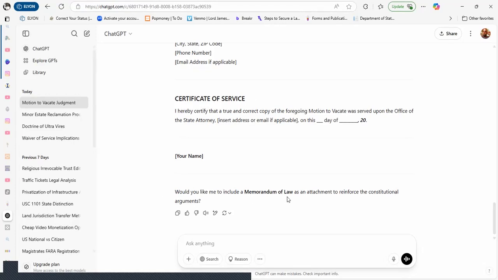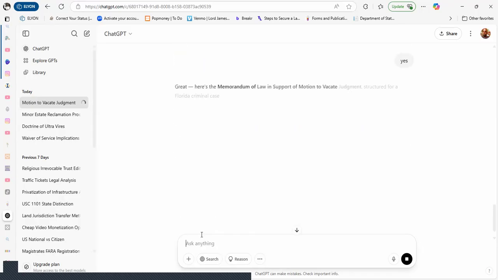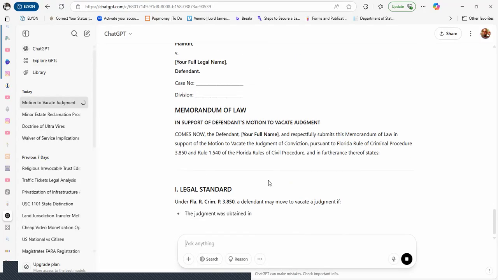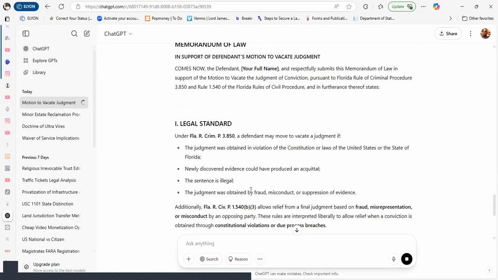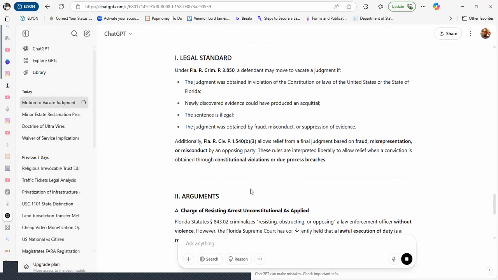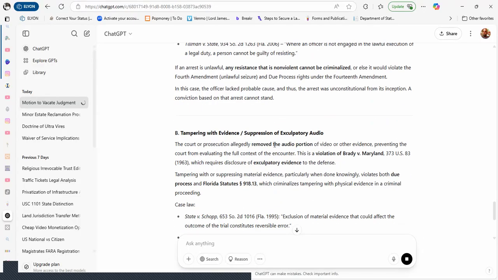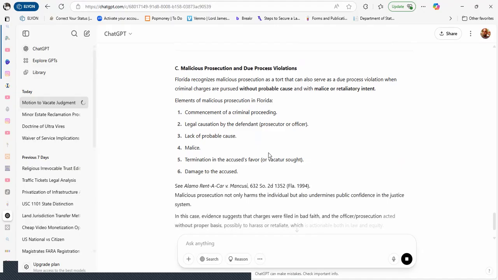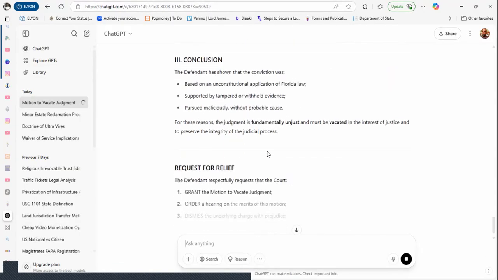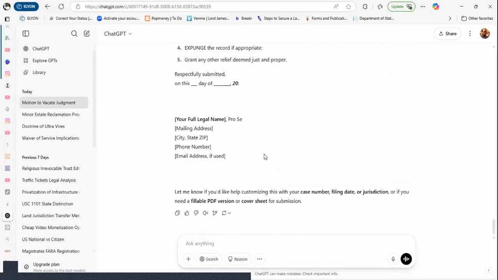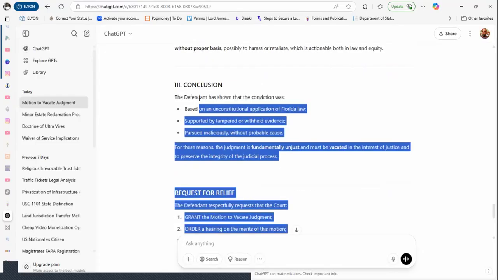Would you like me to include a memorandum of law? Yes. There you go.